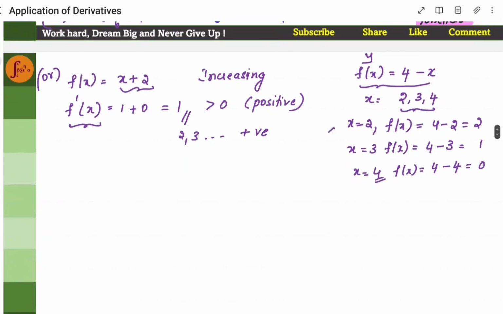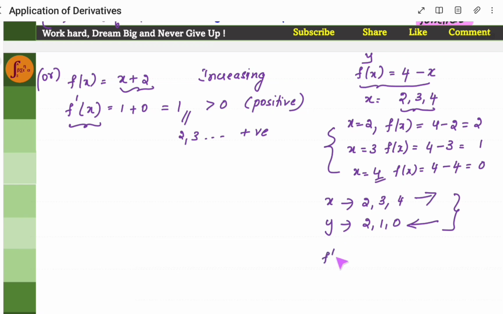Now you notice x values are going from 2, 3, 4. It's increasing. And y values are 2, 1, 0. This is decreasing, right? So this kind of function is called a decreasing function. Now alternatively, we can find the derivative of this. What is the derivative of this function?